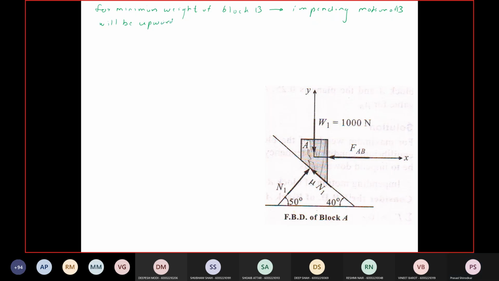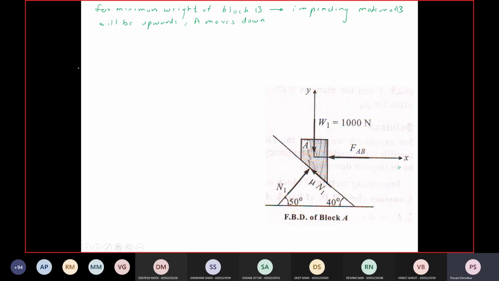Upwards, and A moves downwards. Correct. So this is the free body diagram of A. I have considered the x and y axes in this direction now.